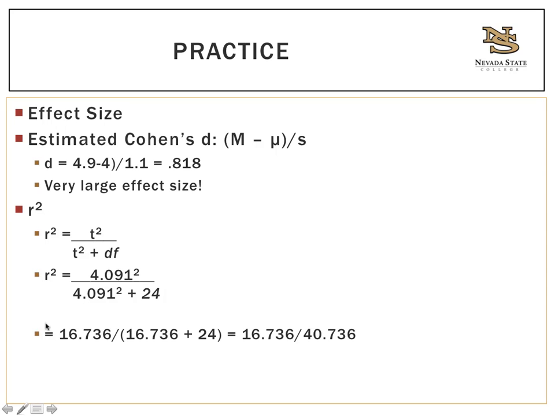So we put that in two places in our formula. We add our degrees of freedom. It's basically about 16, almost 17, divided by about 40 to 41, which gives us an R squared of 0.411. And if you remember the magnitude for R squared, this is pretty big. This is definitely large, and in fact getting close to the very large effect size.